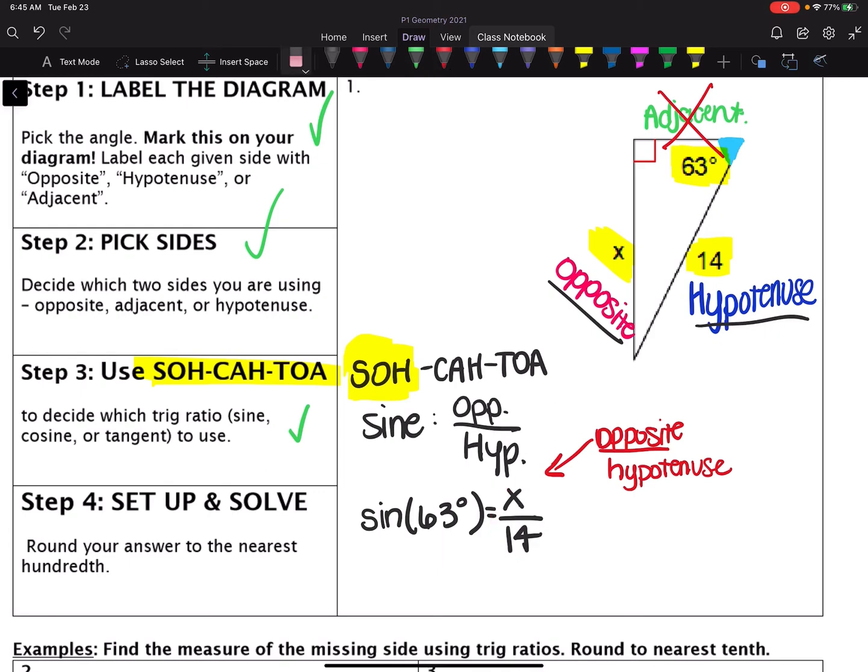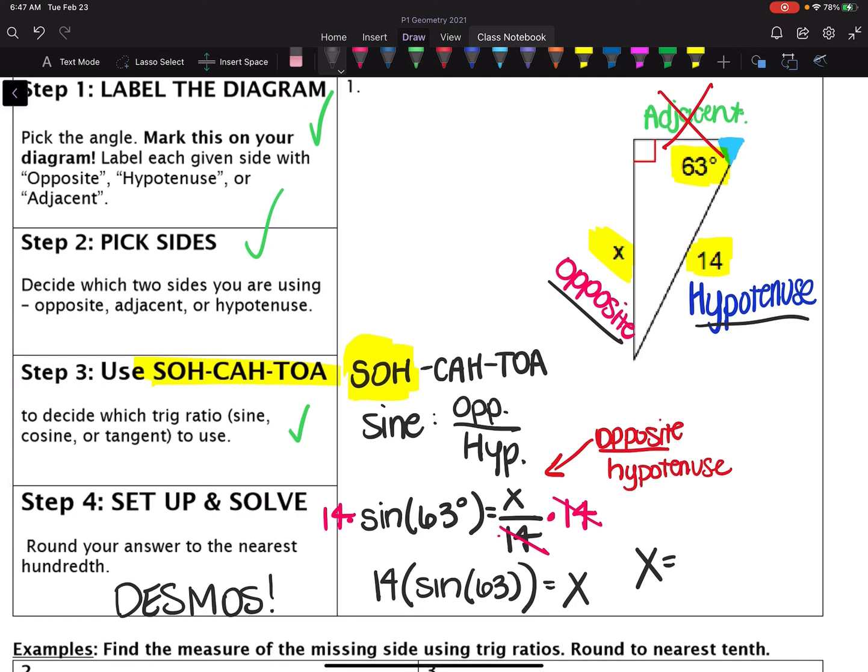If we want to get x alone on the right side, we are going to multiply both sides by 14, because that gets x alone and it undoes that division. The 14s would cancel out here. So 14 times sine of 63 is equal to x.